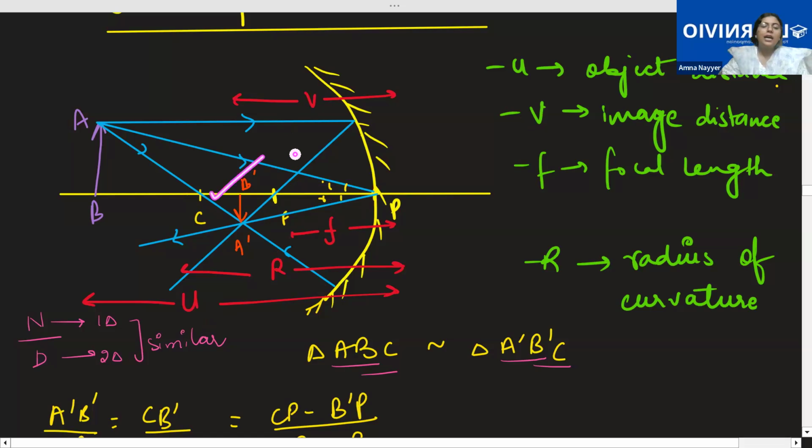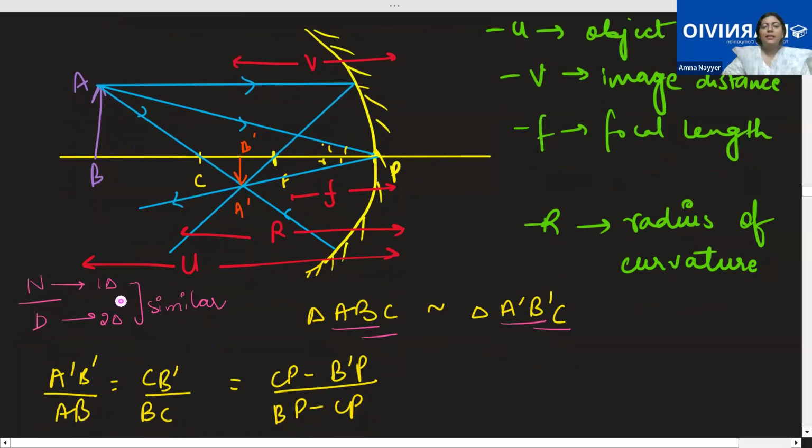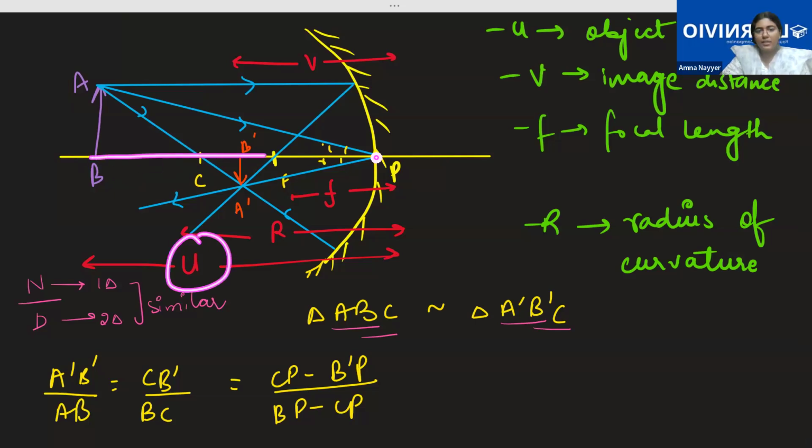And for the denominator BC, it can be written from U, this object distance U. This is complete as U, and I want to write the smaller part BC.